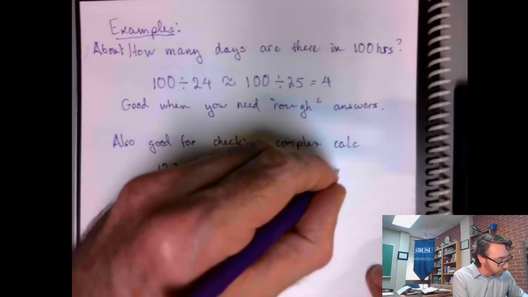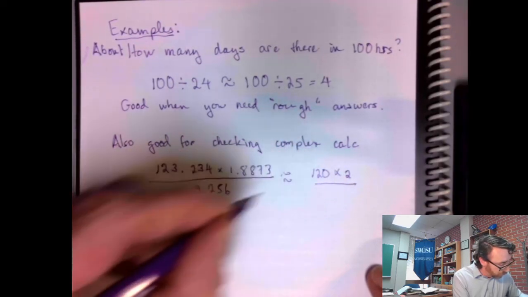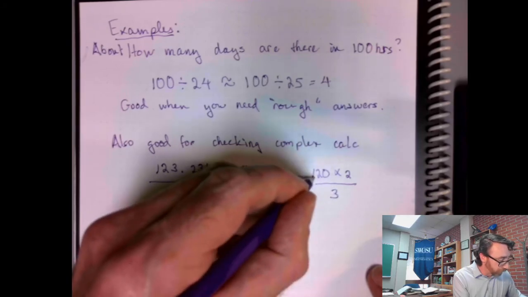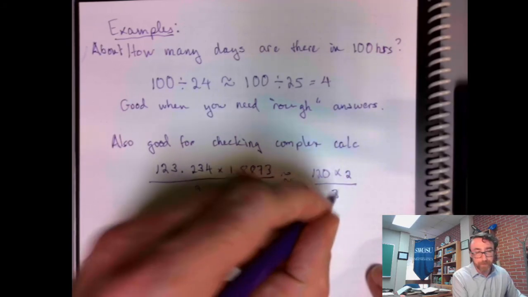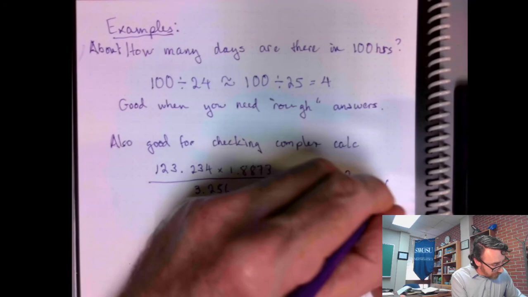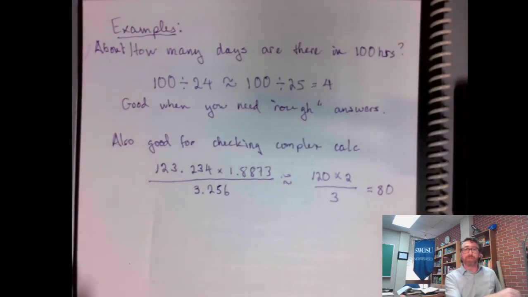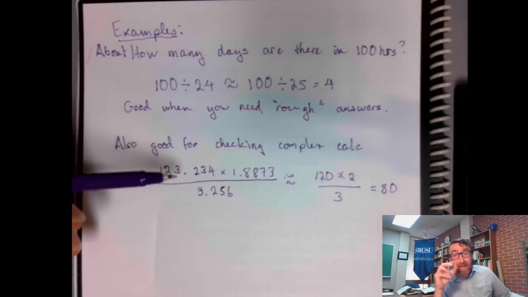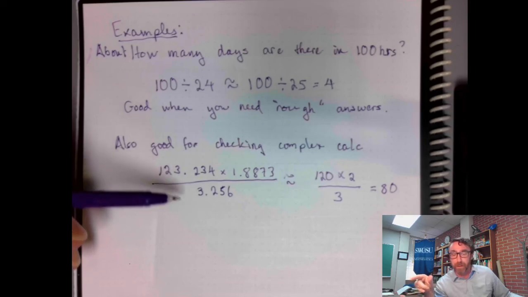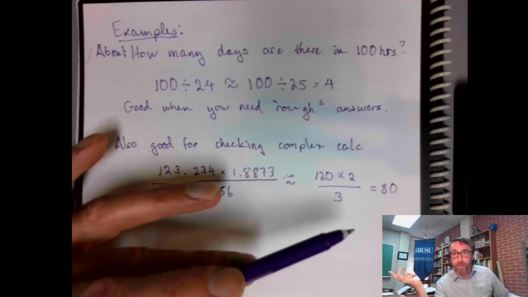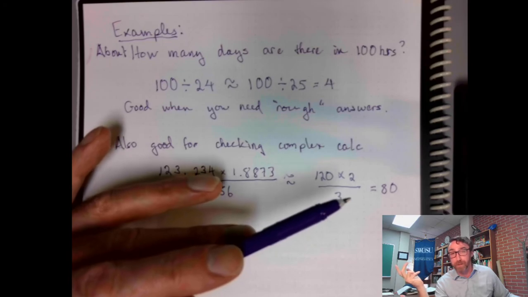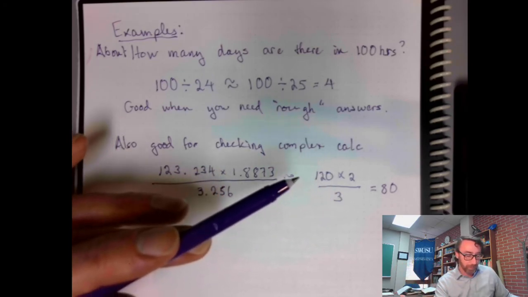This is about 2. Down here, that's about 3. 120 times 2 is 240. Divide by 3 is 80. Okay, so your answer should be about 80. Even if you had to compute the exact answer with your calculator, you can do a quick check here and see, is that about 80? If it is, I probably got the right answer from my calculator.